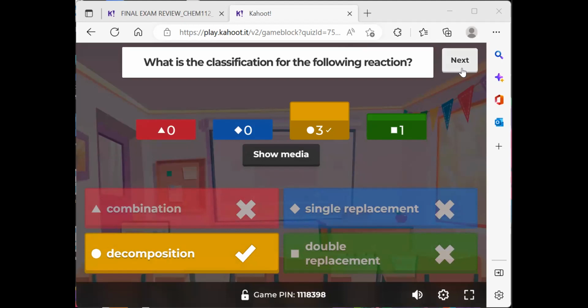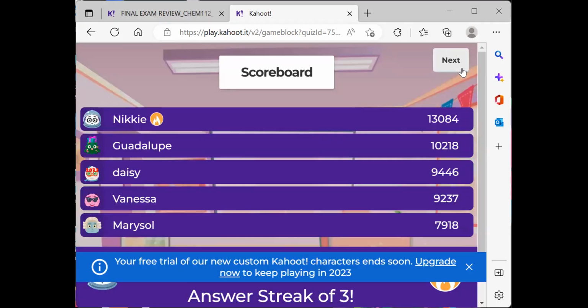Great job. Let's do one more practice problem on identifying a particular reaction.